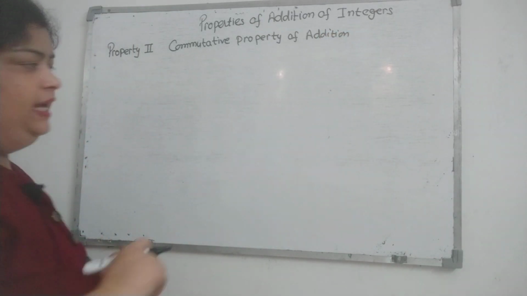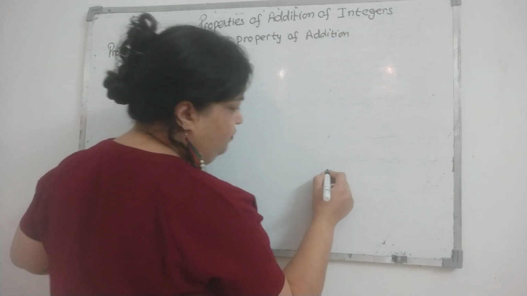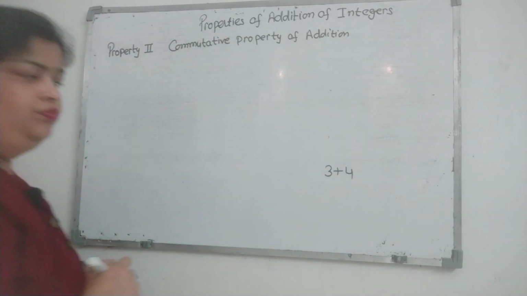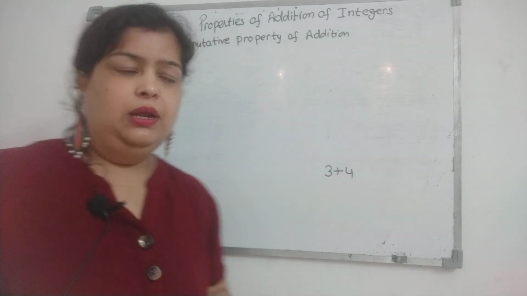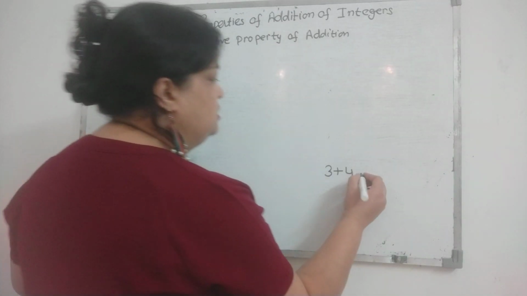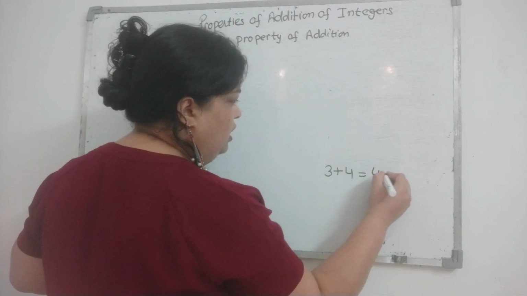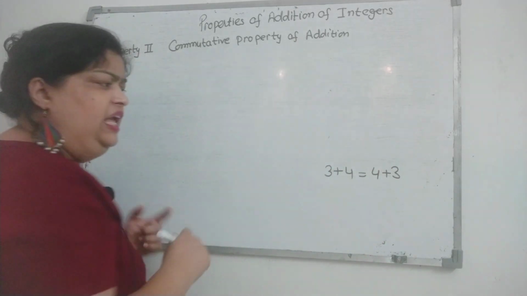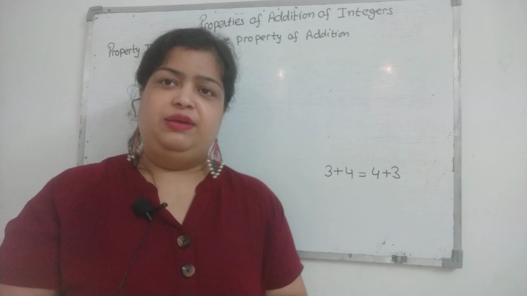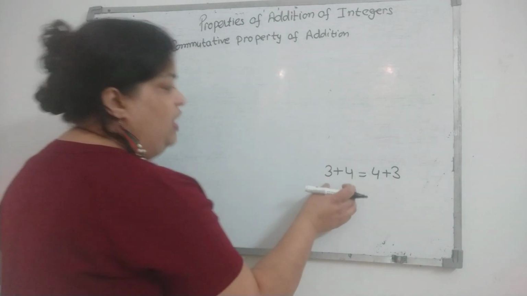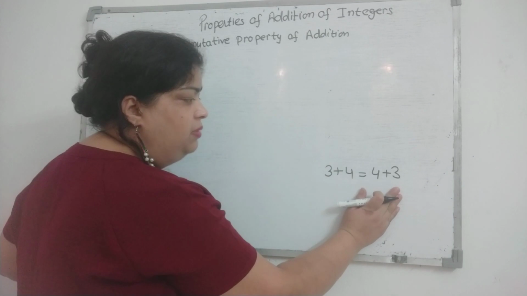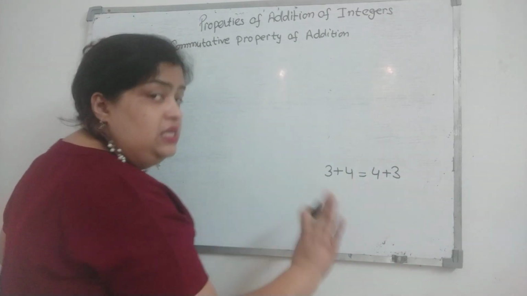Okay, before that, tell me one thing. If I add 3 and 4, what's the answer? 7. But if I change the order of these numbers, I'll write 4 plus 3. Is their sum different or the same? Yeah, it's the same, because when we change the order of the numbers, the sum is the same.